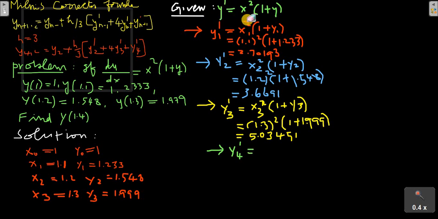Now coming to the last term, y4 dash equals what? Here y dash equals x square into 1 plus y. Therefore y4 dash equals x4 square into 1 plus y4. That's what we will get there. So directly I am putting the value of x4, which we have to find out, as 1.4, and then 1 plus the y value of 2.571.